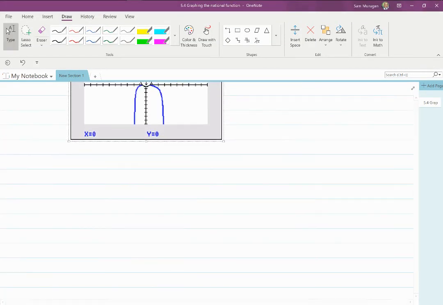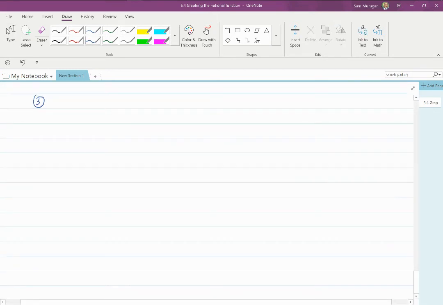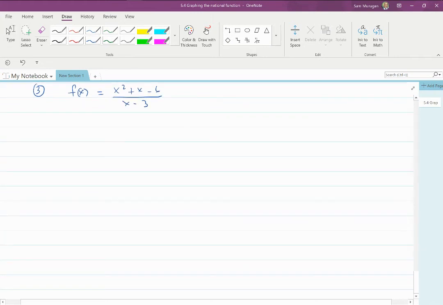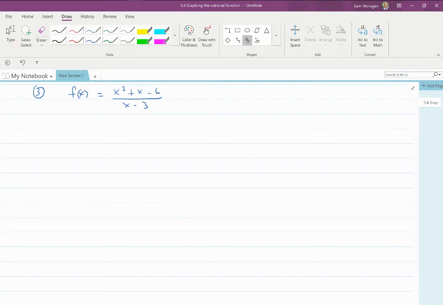Okay, we're looking at example 3 now. The function here is f of x equals x squared plus x minus 6 over x minus 3. As usual, we want to put a little graph here that we can work with.